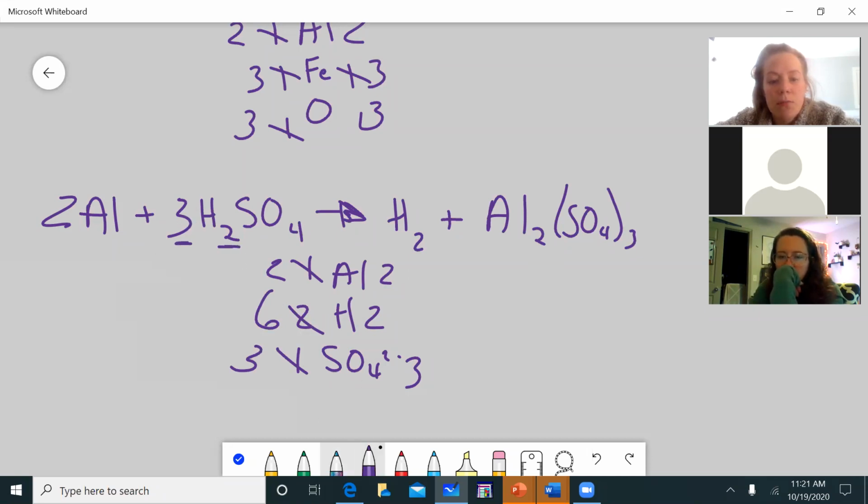Remember, when you're taking this 3, it distributes to both things, and that's a whole chunk, okay? To finish it up, let's stick a 3 here, and that will change this to 6, and we're balanced. Could you have done it where you take S's and O's separately? You can, but if there's a polyatomic, I just recommend doing it clumped like that.